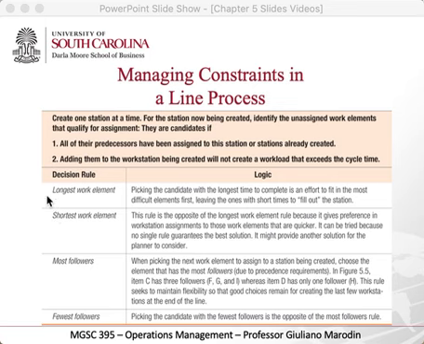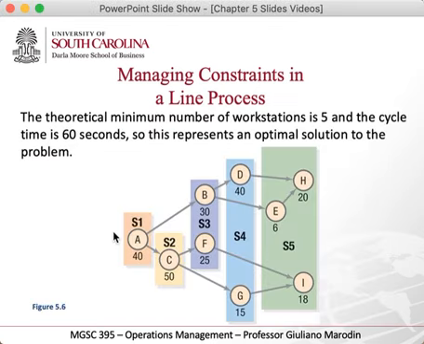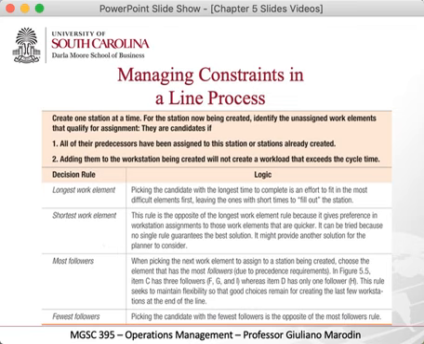For example, I can try to get the longest work element first, so I take the highest time and then try to plug other stuff around that. I can take the shortest element and try to plug others around that and see what would work. Or most or fewer followers. Just some rules, and I think one homework assignment actually asks you to work according to one of those rules. So just be mindful: you have to look at those steps, find the rule, and start following that rule.